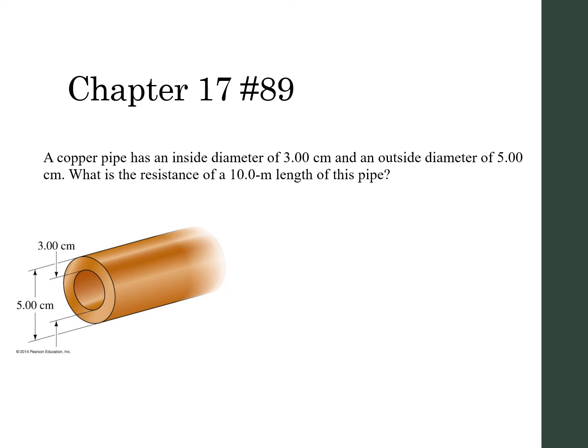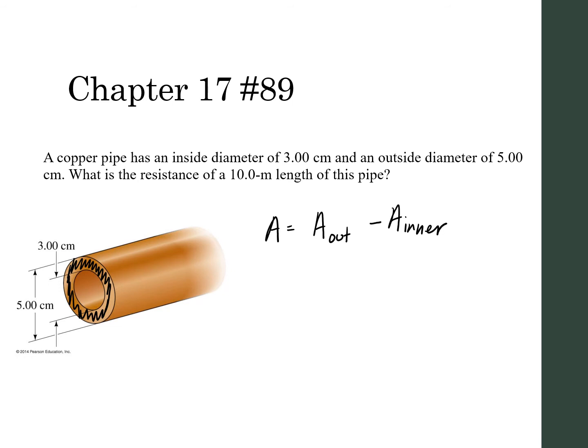So first, when we're looking at the area, we only want to be focusing on where we actually have metal. So when we have the area of our tube, we have the area of the outer part minus the area of the inner part.